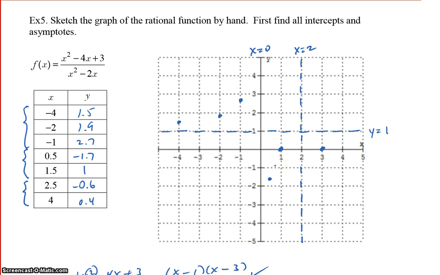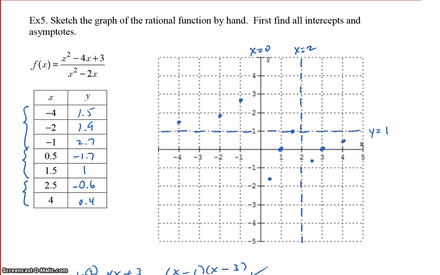Then 1.5, 1, that point is actually right on the horizontal asymptote, but remember a graph can cross a horizontal asymptote. 2.5, negative 0.6, about there, and 4, 0.4, about there.